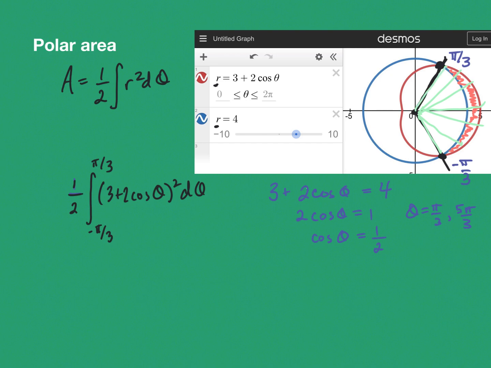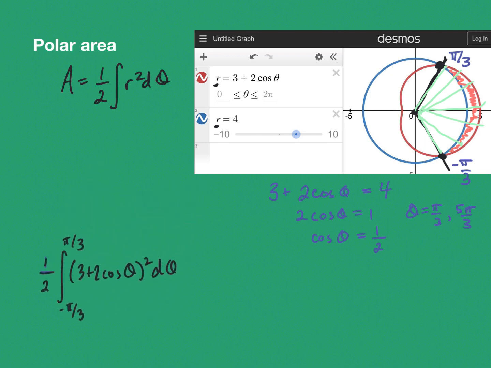And then I want to subtract out that other wedge. So let me move that down where I have a little more room. So minus 1/2 the integral from negative pi over 3 to pi over 3 of this other curve squared.